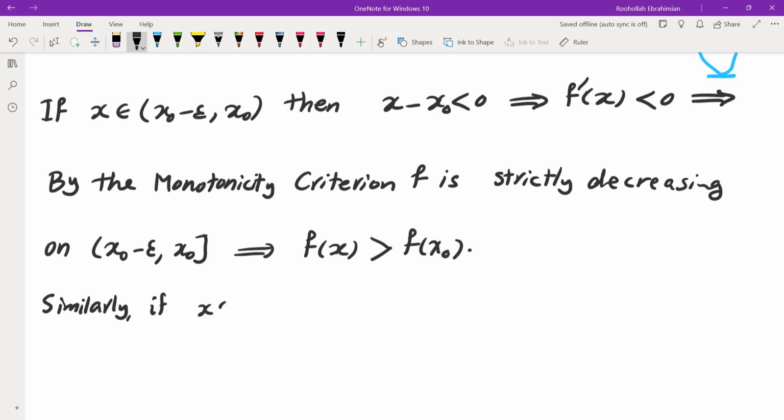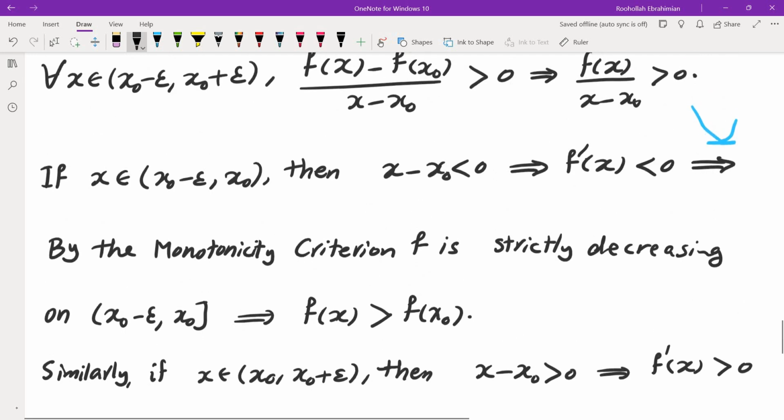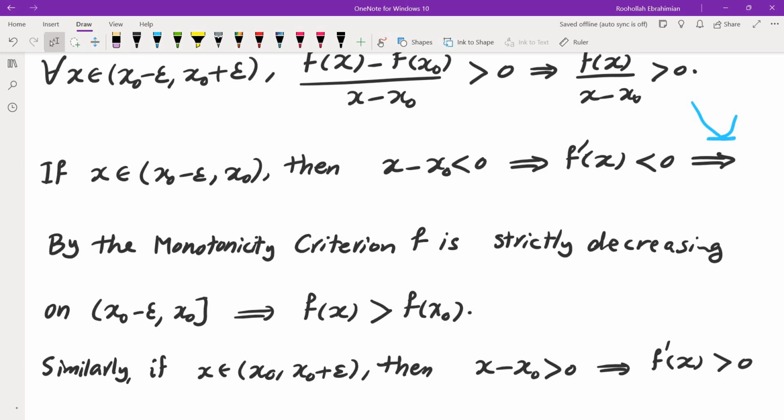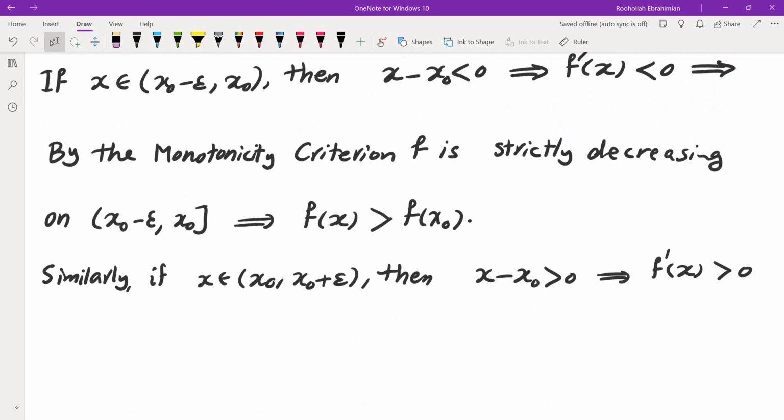if x is from x0 to x0 plus epsilon, then x minus x0 is positive. Therefore, if you look at the fraction, the denominator is positive, so the numerator must be positive. F prime of x must be positive as well.